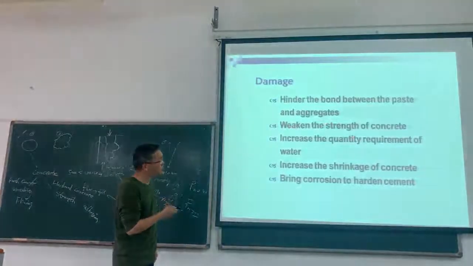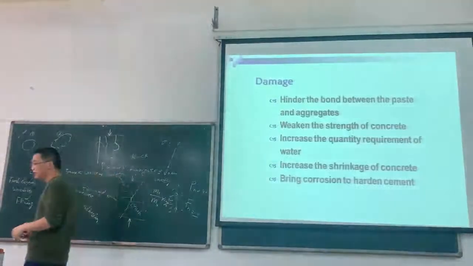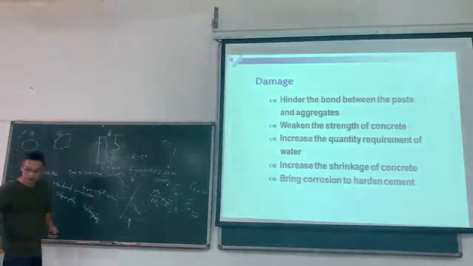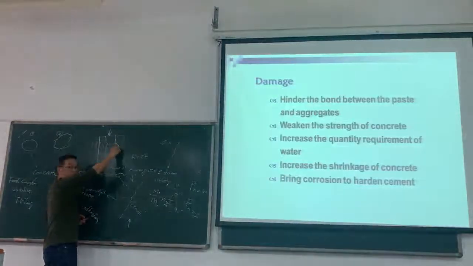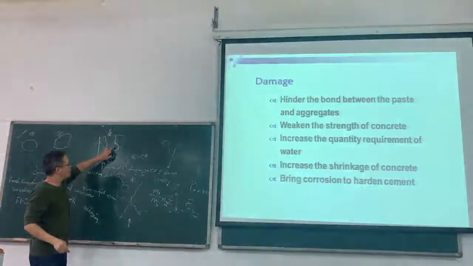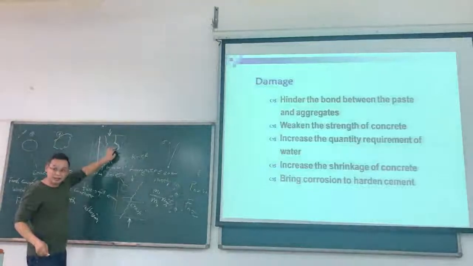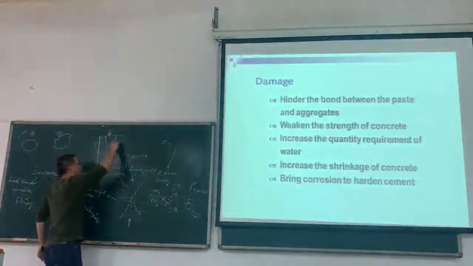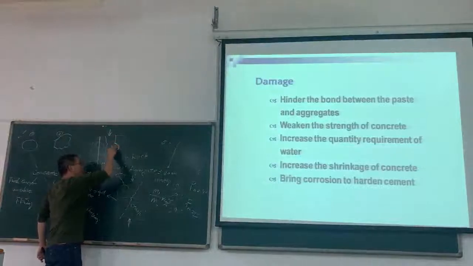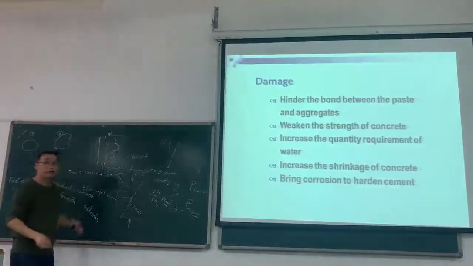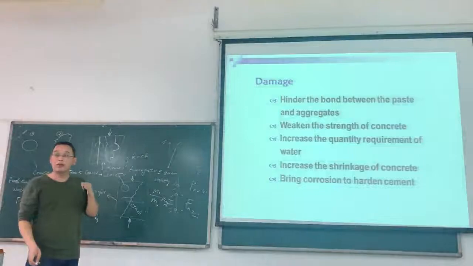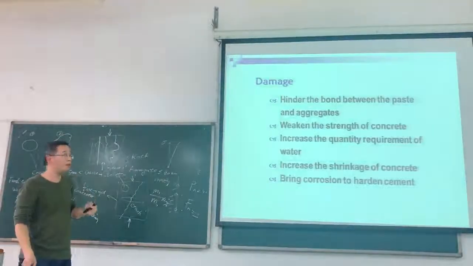And then they weaken the strength of concrete. Why do they weaken the strength of the concrete? Because if there are some impurities at the surface, or if there are some impurities in the aggregate, the surface of the bonding, or the bonding area, will be broken, will be damaged by the impurities.